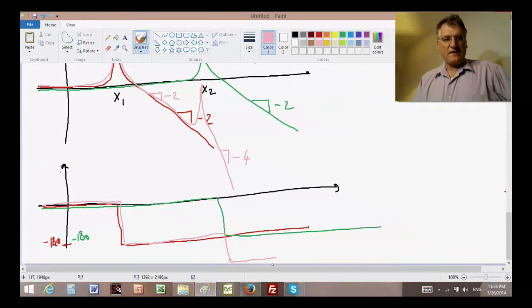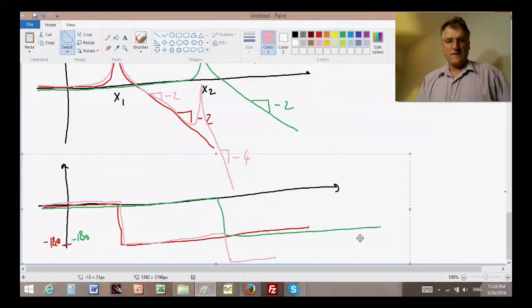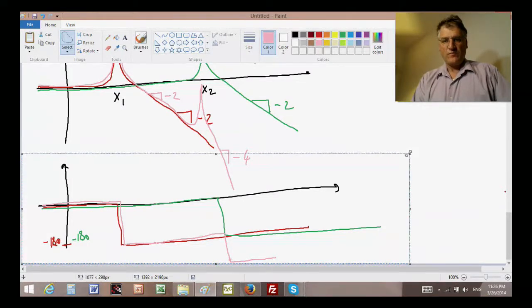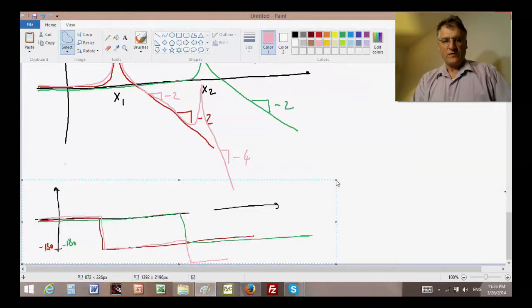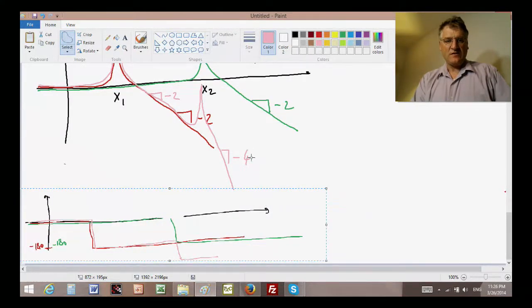Now, let us see how we may be able to reduce these guys. Okay, so let's see if we can do this. Okay, that looks good. So we have reduced this thing.